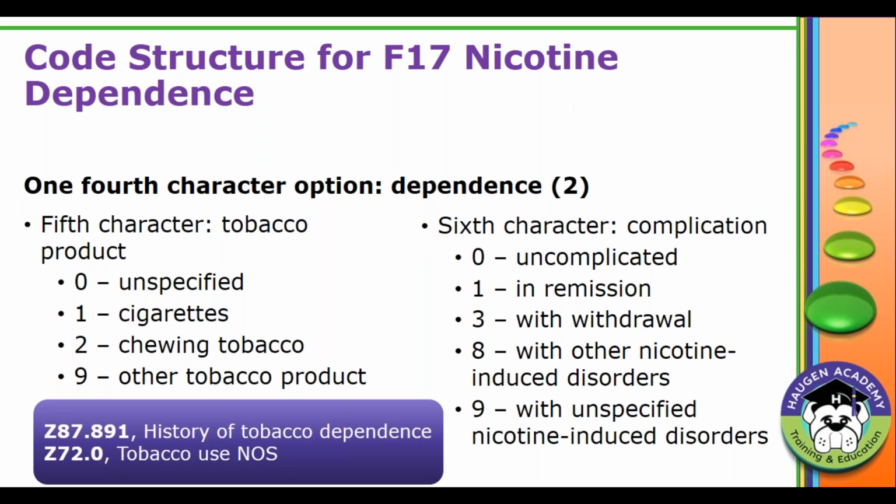Well, it happens that if you look up smoker in the index, it leads you to nicotine dependence. So as long as you can find a way to get there by referencing the specific documentation in the record with the index, you should have something defensible if anybody ever comes back to you. Highly unlikely that they will.